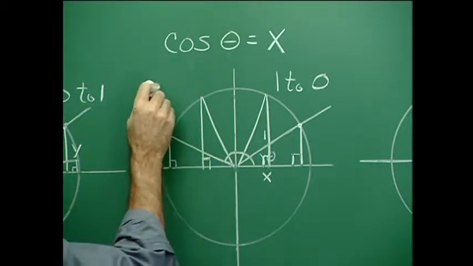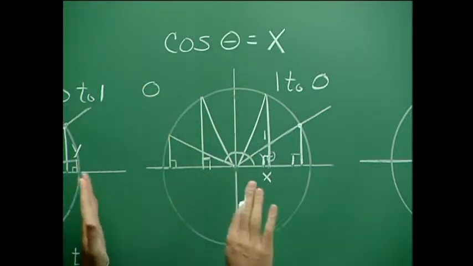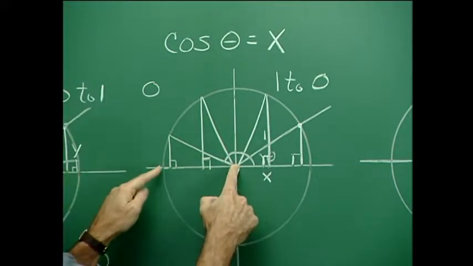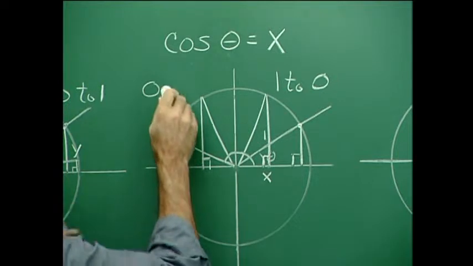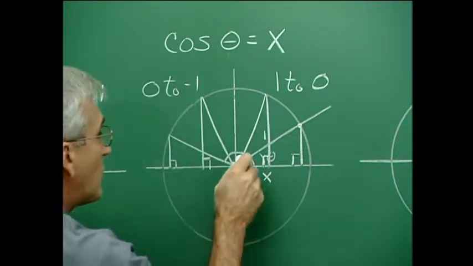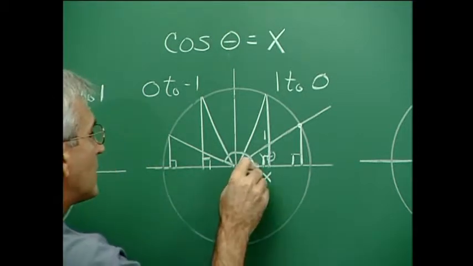So we're going from a 0, now remember, we're talking x's here, a horizontal distance of 0, to a horizontal distance of negative 1. All right. And then in the third quadrant, we're turning angles beyond the 180 mark.